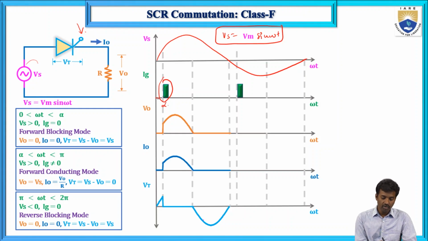So this is forward blocking mode. When you give the gate pulse, it will be in the forward conducting mode. So now we are getting the output voltage, and it follows the supply voltage. Here the supply voltage is 0, we are not giving any gate pulse, this is forward blocking mode, and this one is the forward conducting mode.